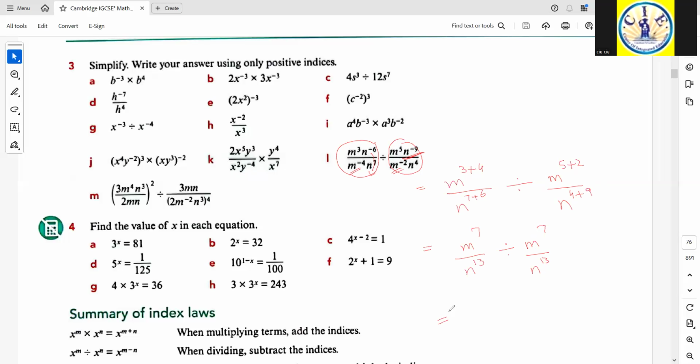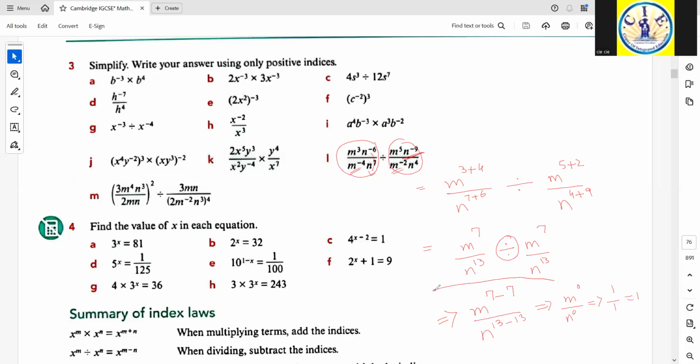So simplifying it now, m raised to the power 7 minus 7, because there is a division sign, and in the denominator it is n raised to the power 13 minus 13. So m raised to the power 0 divided by n raised to the power 0, that is 1 divided by 1, the answer is 1.